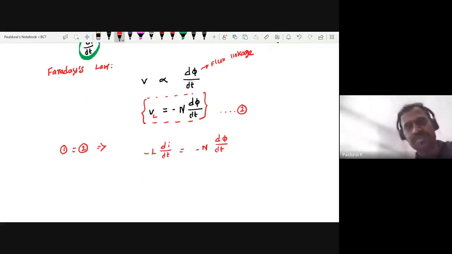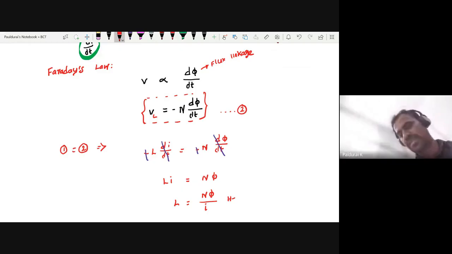Now d by dt cancels, the minus signs cancel, so L times I equals n times phi. Therefore, L equals n phi by I, with the unit Henry. This is the way to derive the formula for self-inductance.